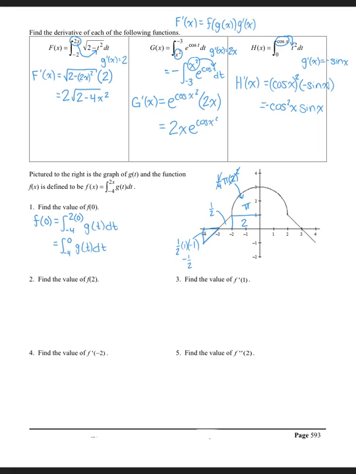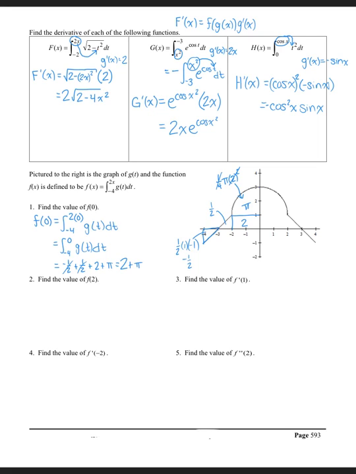So to find this integral here, I have -1/2 plus 1/2 plus 2 plus pi. These cancel out, so you are just left with 2 plus pi. That is the value of f of 0. Okay, it's a little weird, but that's how you do it.